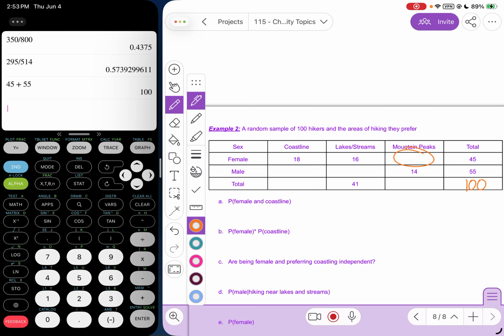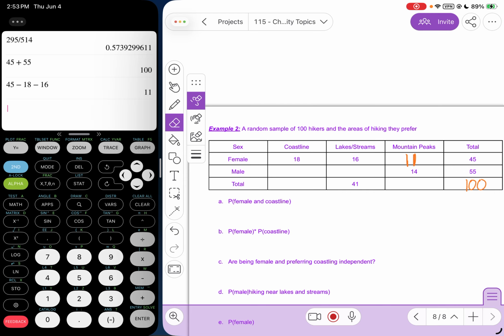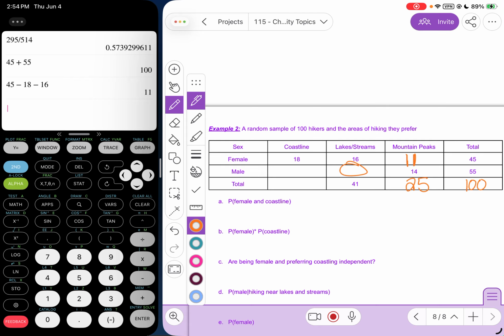Now to fill in this blank, we're going to do 45 minus 18 minus 16. So that means this has to be 11 for that to fill in. Now 11 plus 14 is 25. To fill this one, we can do 41 minus 16. We get 25. Then for this one, we subtract 55 minus 14 minus 25.